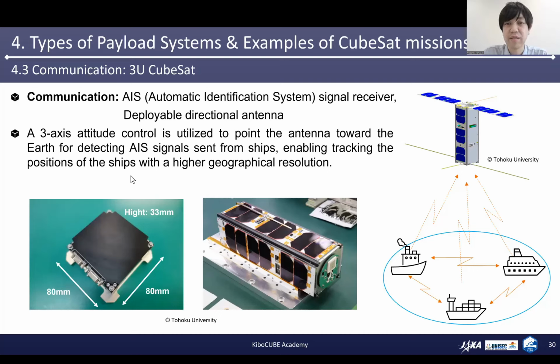In this case, the receiver and the deployable directional antenna system are the payload. In this example, a 3-axis attitude control is utilized to point the antenna toward the Earth for detecting AIS signals sent from ships, enabling tracking the position of the ships with a higher geographical resolution.